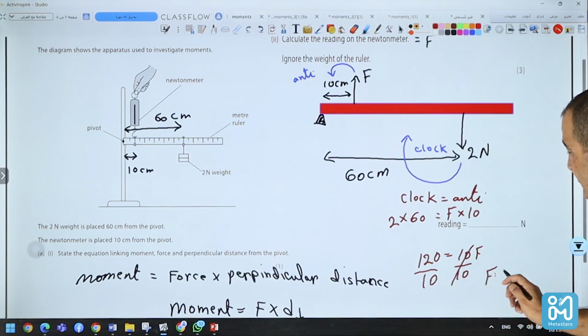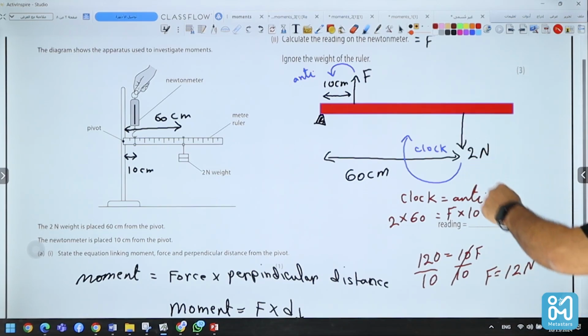F equals 12 Newton. Yes, 12 Newton, which is the reading of the Newton meter.